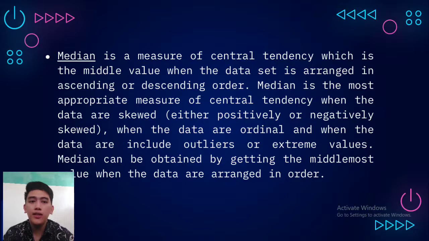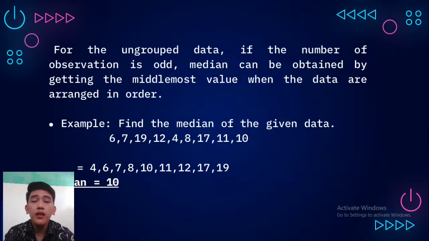Okay, let's have an example. For the ungrouped data, if the number of observations is odd, median can be obtained by getting the middlemost value when the data are arranged in order. Example, find the median of the given data: 6, 7, 19, 12, 4, 8, 17, 11, and 10.